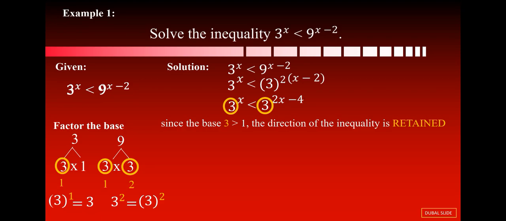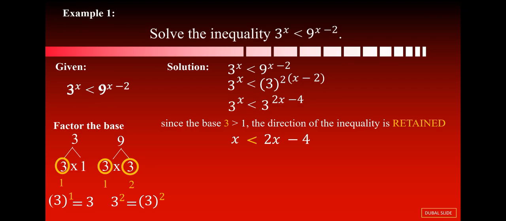Now, to proceed, we are going to copy this x together with the inequality, which is retained, and also the exponent on our right side, which is 2x minus 4, so that we can solve for x.